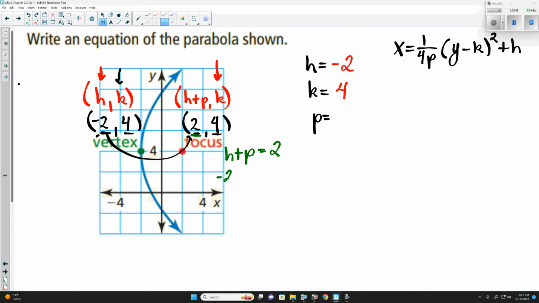So we're saying -2 plus p is 2. What do we need to do to solve for p? We're going to add 2 to both sides. Negative 2 plus 2 is 0, and 2 plus 2 is 4.